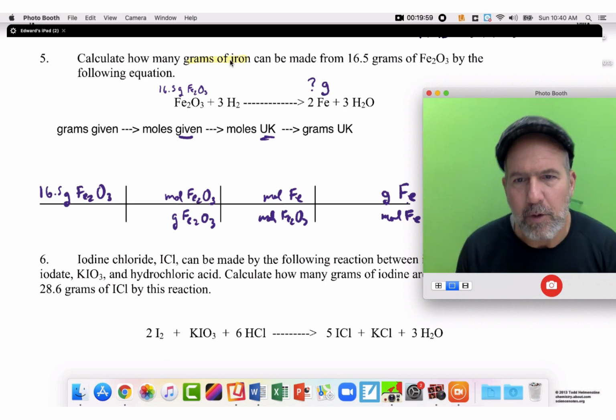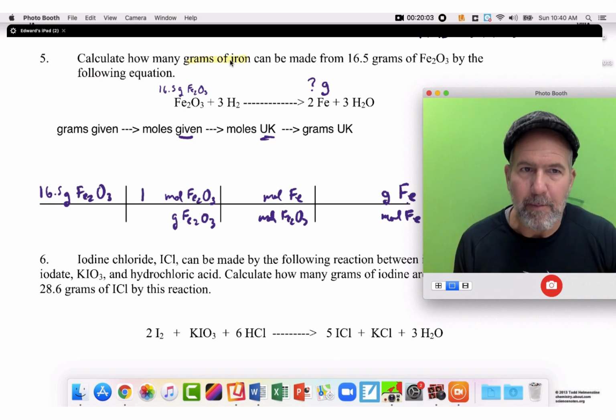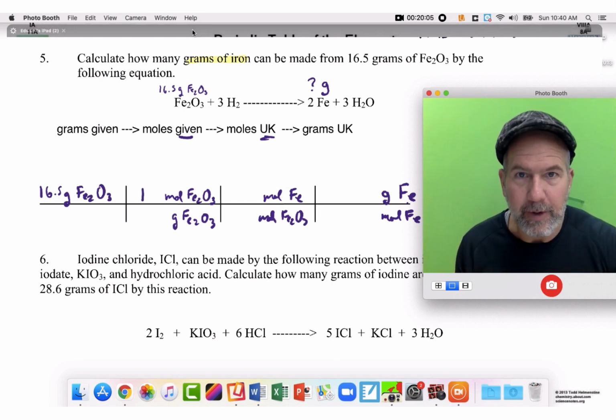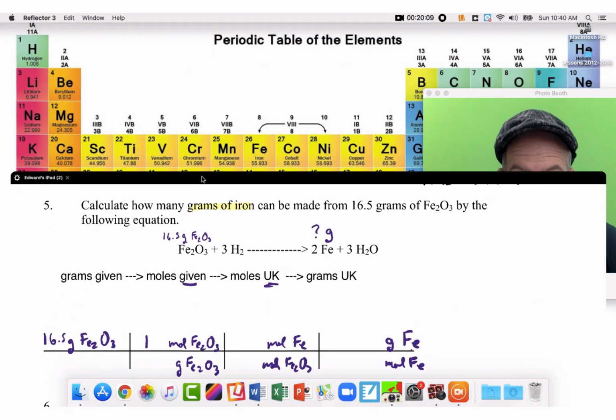If you have grams over moles, moles over grams, the moles is going to be 1. And the mass comes from the periodic table. So we have Fe2O3. There's Fe right there. So we have 56. And I have a calculator here in my hand, right? And so we have 56 times 2 plus 16.